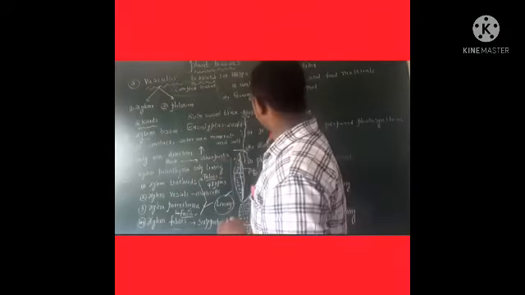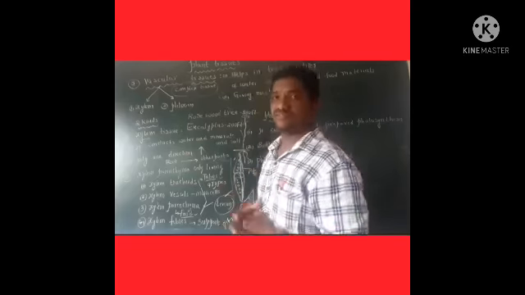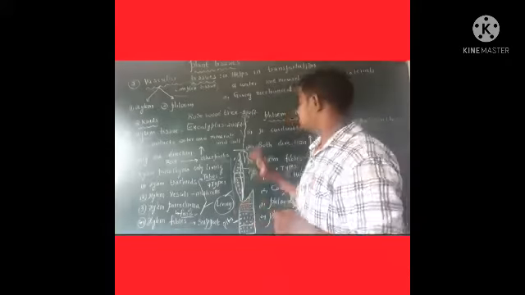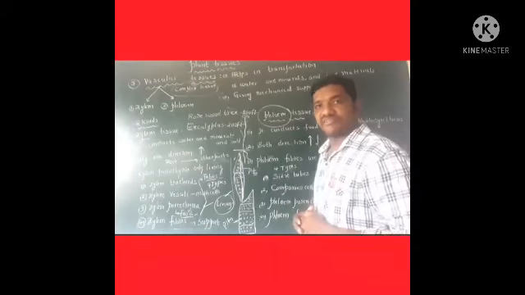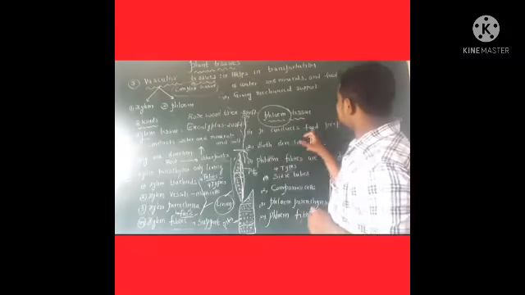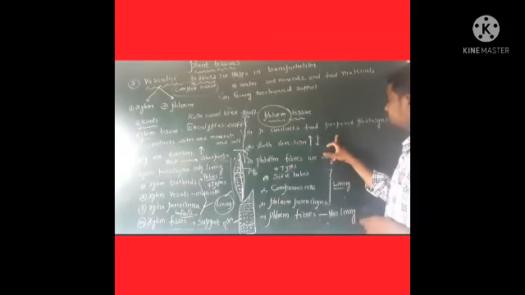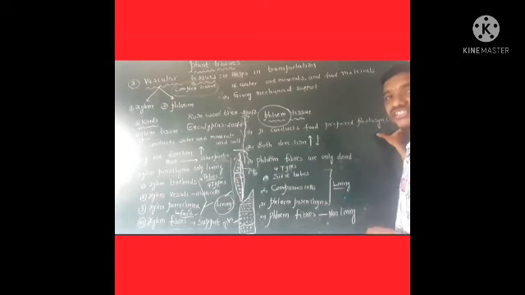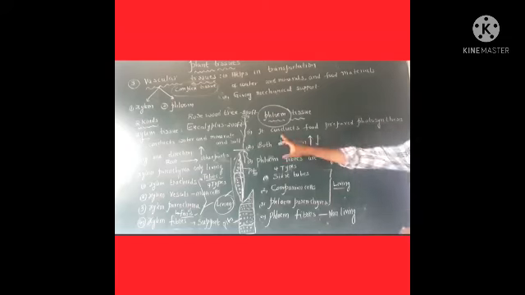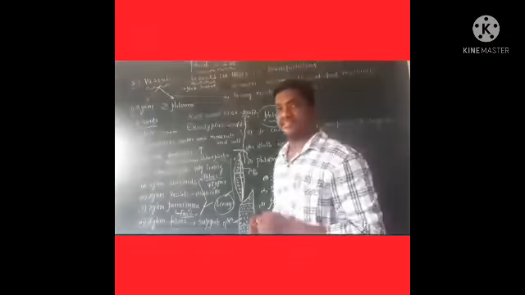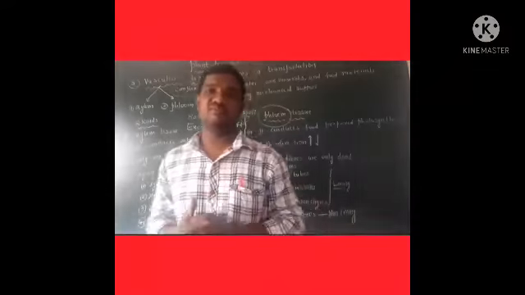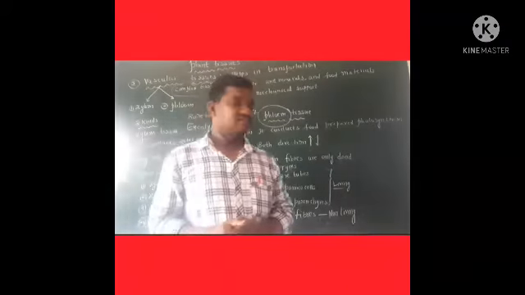Coming to second tissue, that is phloem tissue. Phloem tissue conducts food prepared by the photosynthesis process. See here. It conducts food prepared by photosynthesis process. That is phloem tissue. Second point.